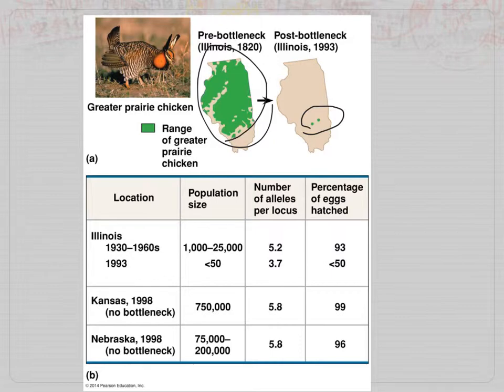So the population decreased, and therefore the number of alleles that were available actually decreased along with it. And it had to do with the percentage of eggs that the chicken was able to hatch.